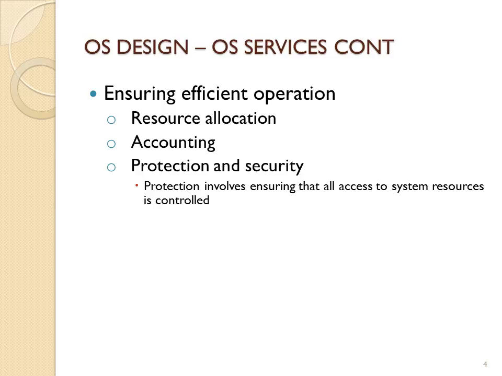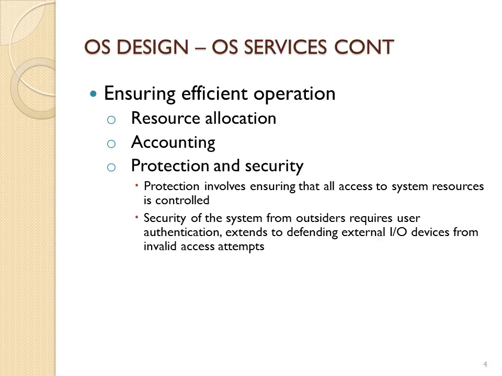And the next is protection and security. Protection involves controlling access to system resources. And security involves protecting your system from external devices. Without protection and security, the operating system will not run efficiently.